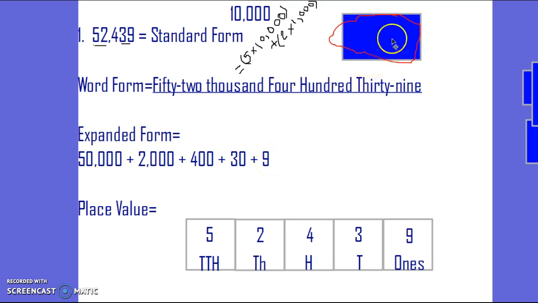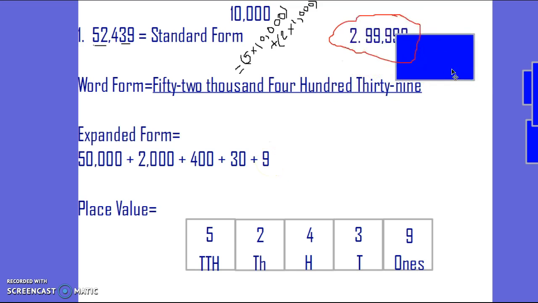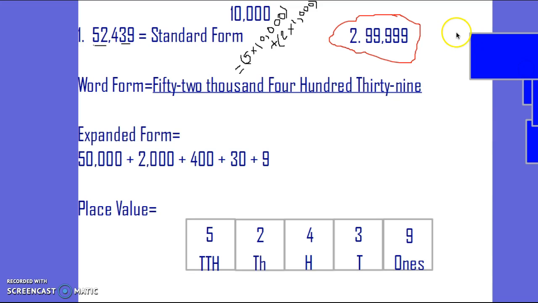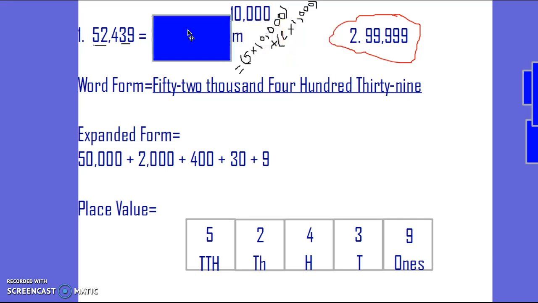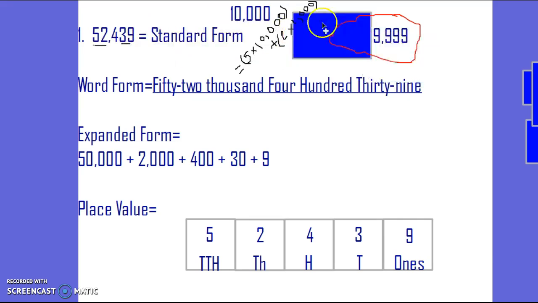Let's look up here at this number. I want you to try that on your own. When I made this, I did not mean for it to look like this is the number 299,000. It's just that there's a number 2 there, because that one over here is number 1, and this one over here is number 2.